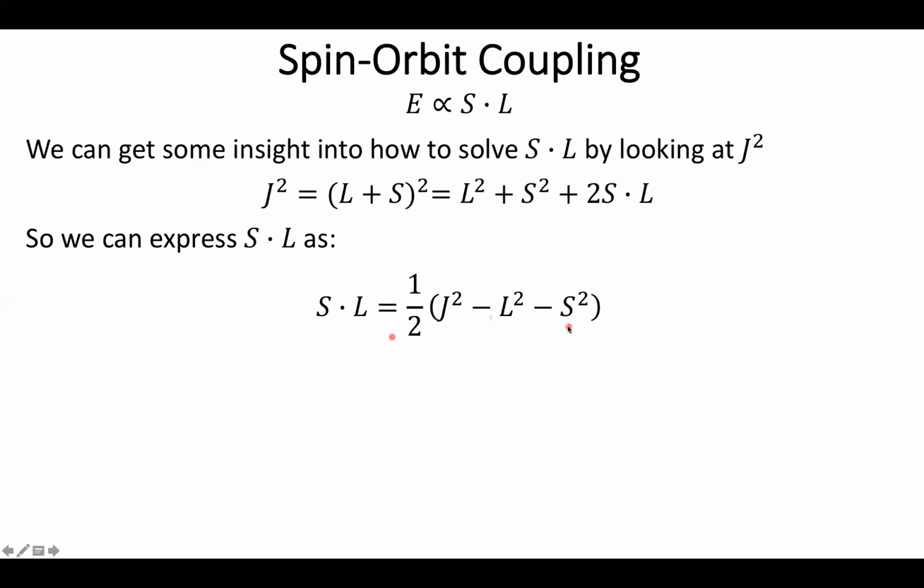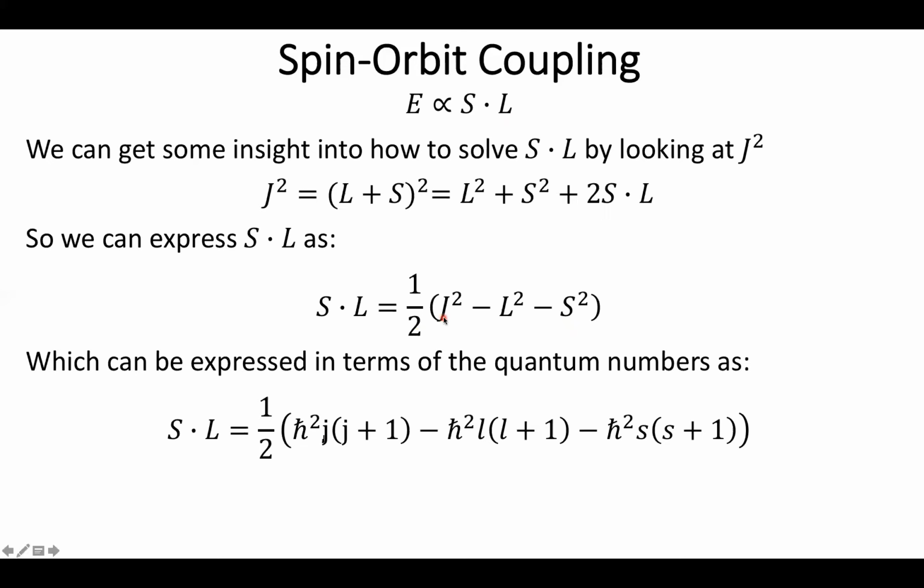Now, remember when I told you that these are our angular momentum vectors or values? Well, way back I gave you an equation for how we could convert between our angular momentums and their quantum numbers. That equation was that the square of our angular momentum is equal to h bar squared times our quantum number times our quantum number plus 1. So we insert that in for our total angular momentum, our orbital angular momentum, and our spin angular momentum.